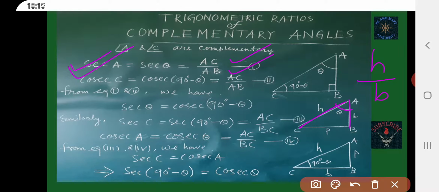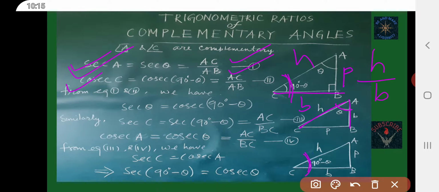Okay. Then come to cosec C. Cosec C means for this angle, you know H is always this, and this is B, this is P for this angle.